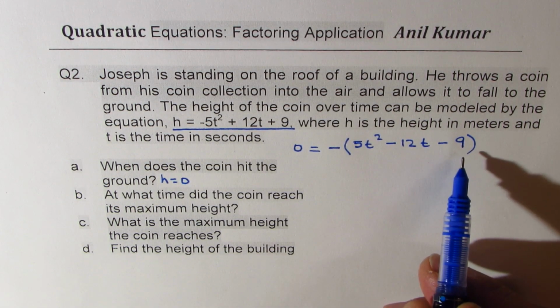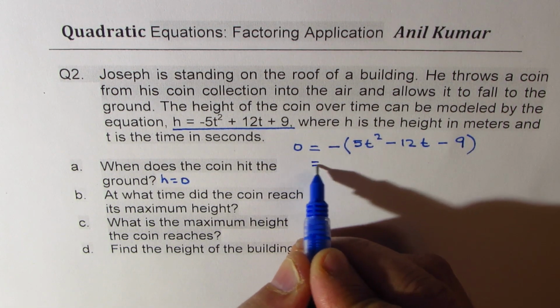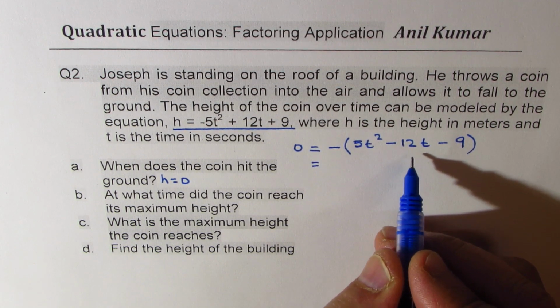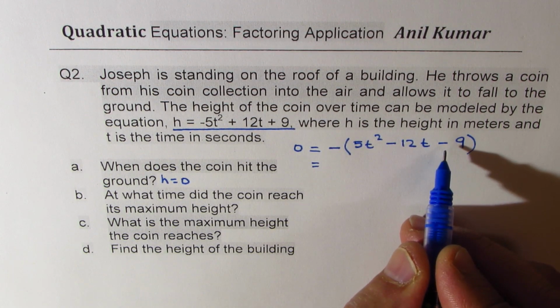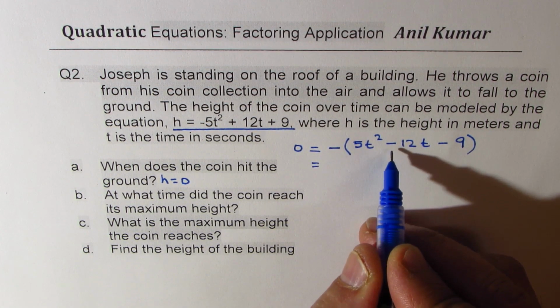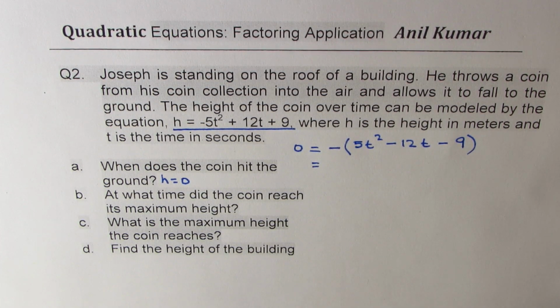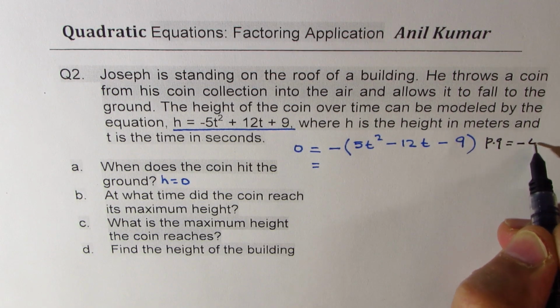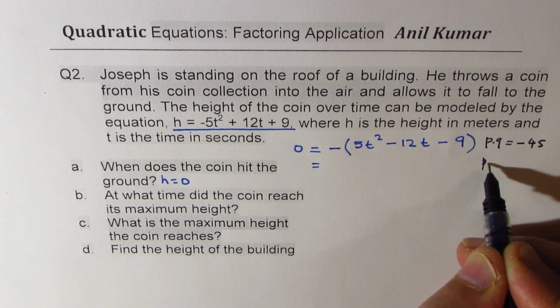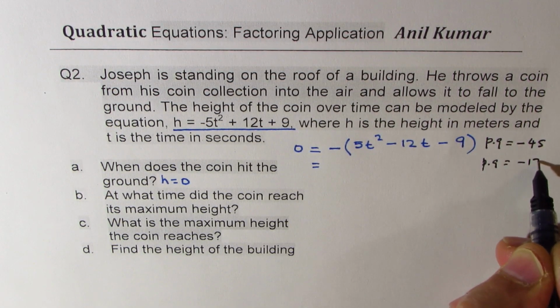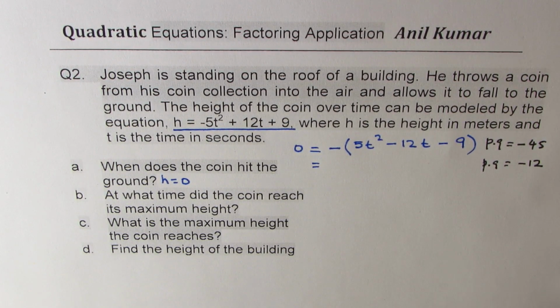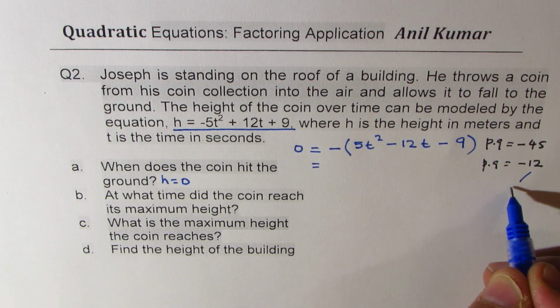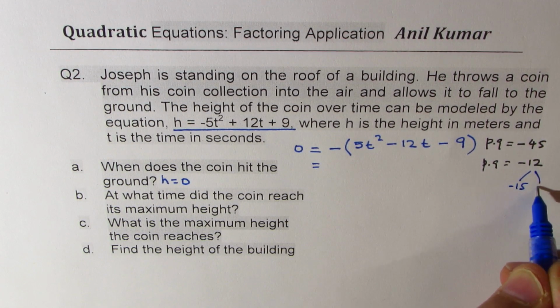The numbers do not have anything in common. Now, we're looking for a product of minus 45 and a sum of minus 12. So the numbers are 15 and 3, 15 being negative, 3 being positive.